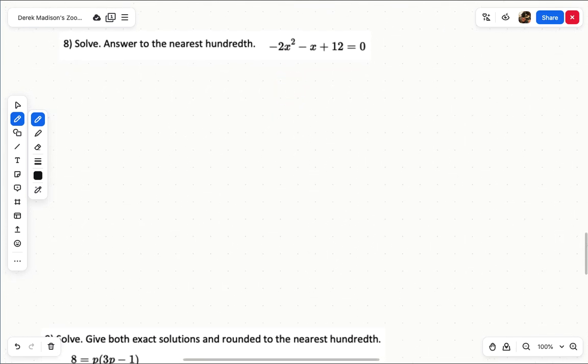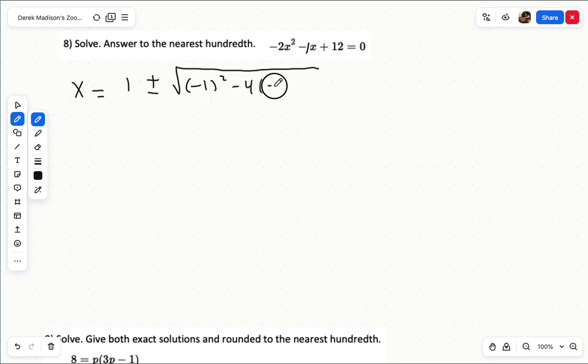So, same thing, we'll have x equals negative of negative, there's an invisible 1 right there, so negative 1 will be 1, plus or minus negative 1 squared minus 4 times a, don't love that negative, which if you don't love this negative, you can multiply both sides by negative 1, and do that with the positive.